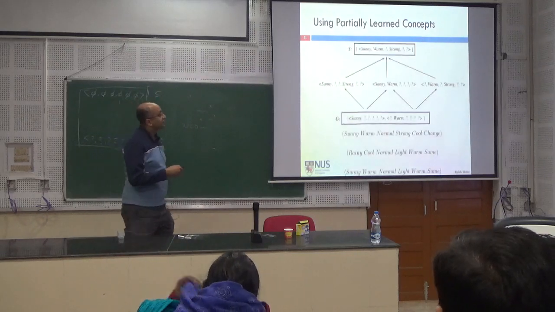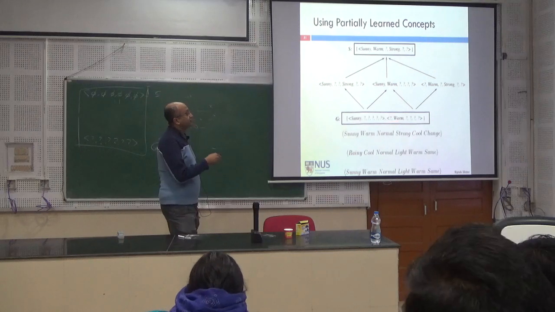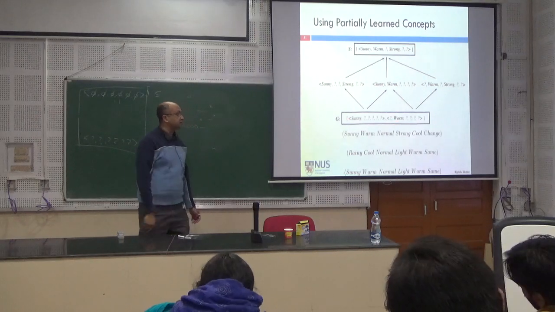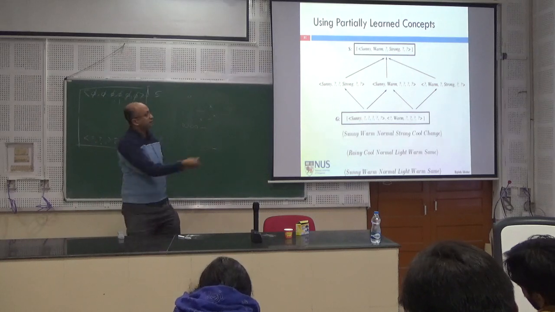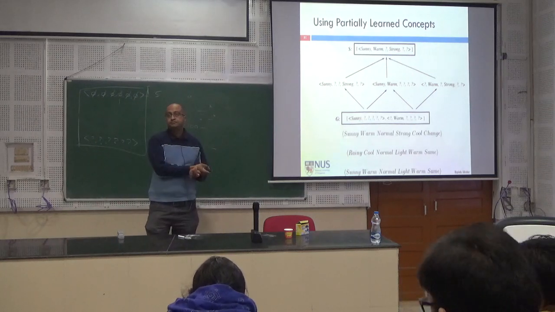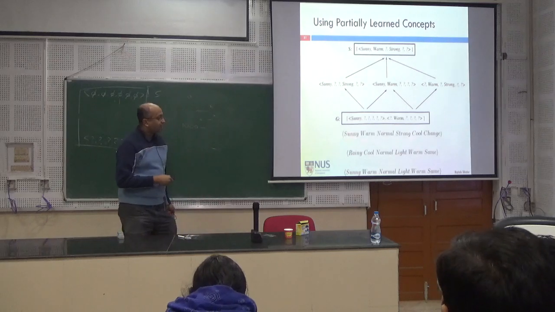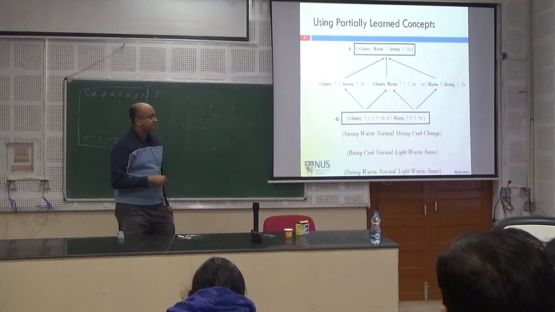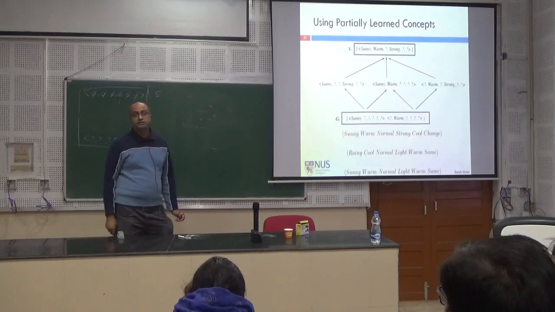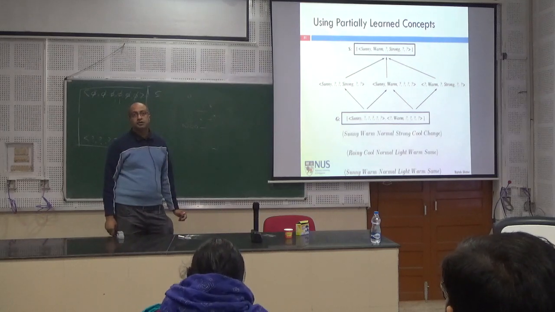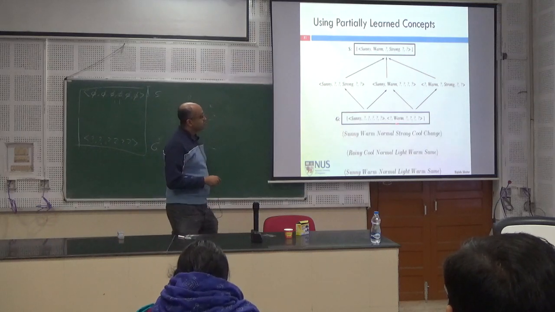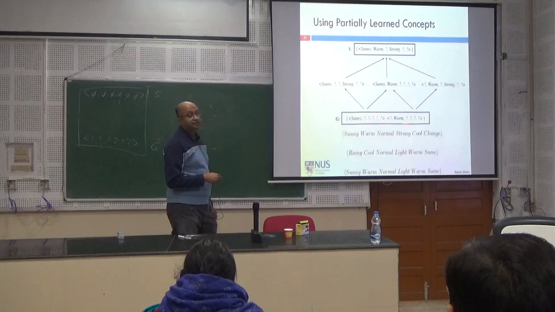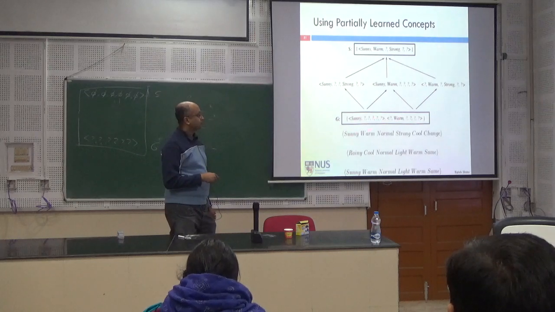Just as an example, let's say I have learned this far. This is my specific boundary, this is my general boundary. I don't have a single one. Anything in this will probably work. Now let's say I get a new query saying sunny, warm, normal, strong, cool, change. Classify it. Is it a positive or a negative? Of course this will be classified here. This is sunny and warm, both are satisfied, so we go up.